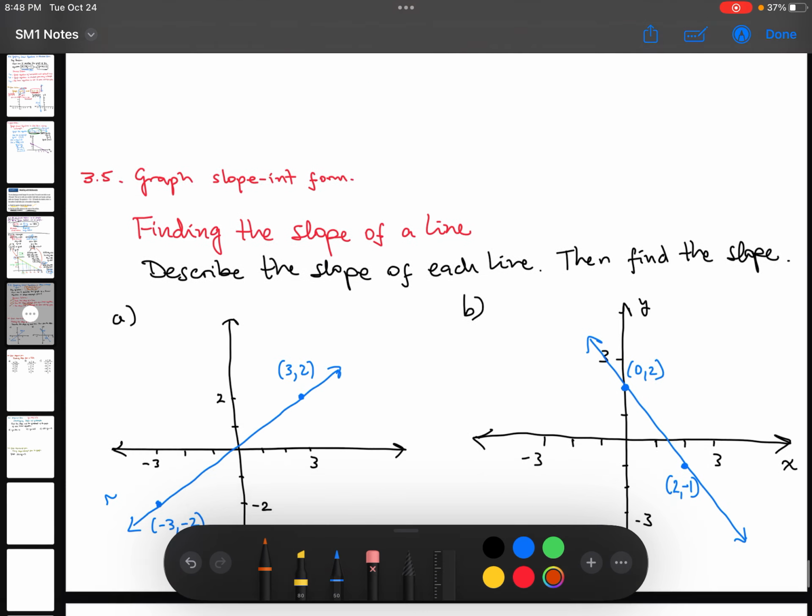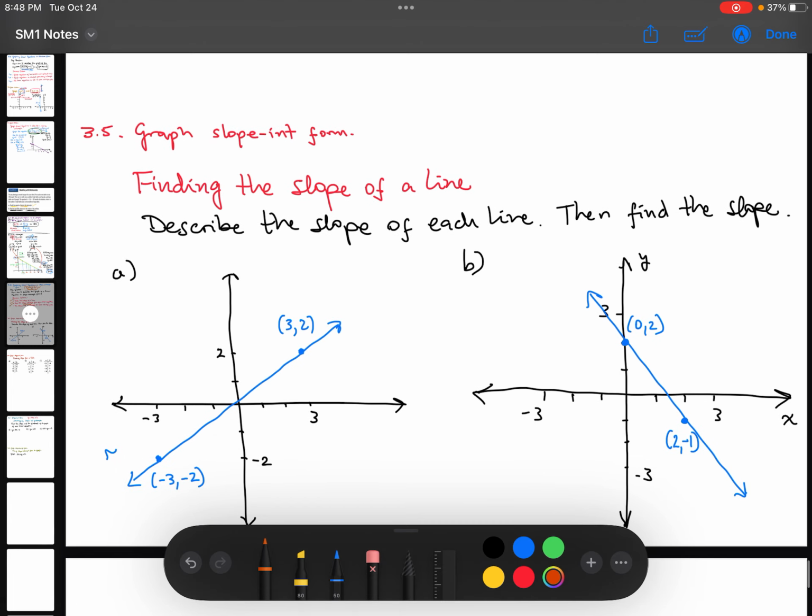So let me start with this. How can we find the slope of a line once you have the graph? Let's do these two exercises, A and B. Find the slope of a line. You might see this: you might have a horizontal line.